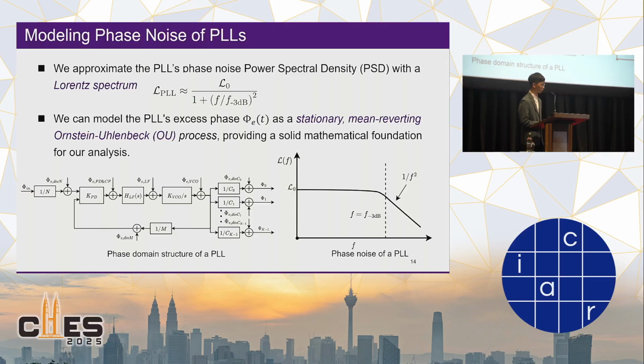We realize that it's identical to that of a classic stochastic process, which is known as the Ornstein-Uhlenbeck process. It's a stationary mean-reverting process, and you can think of the process as a random walk on a leash. The value may wander randomly, but it's always pushed back to its average value.